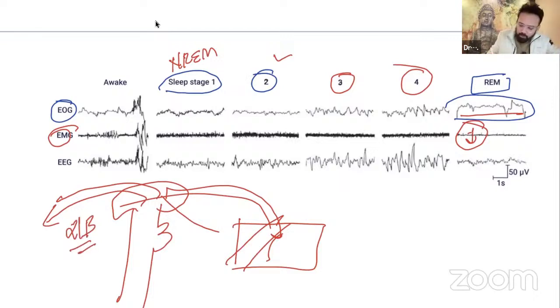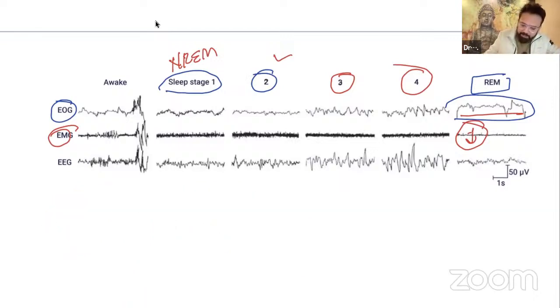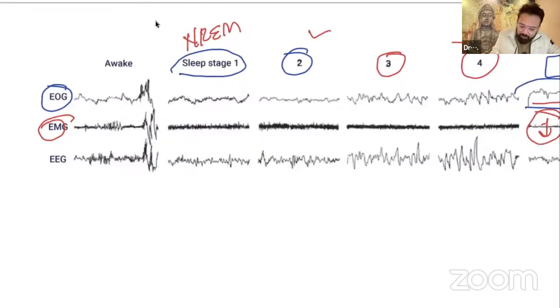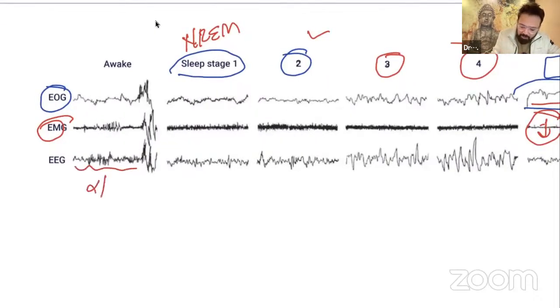Okay. So anyway, now coming to EEG. EEG awake. When you are awake, you have alpha wave, you have beta wave. In stage 1, you have alpha wave and you have theta wave. I will give you a mnemonic also right now.